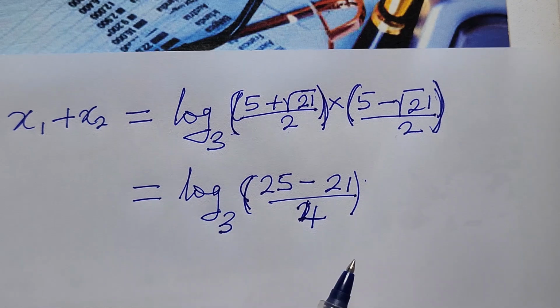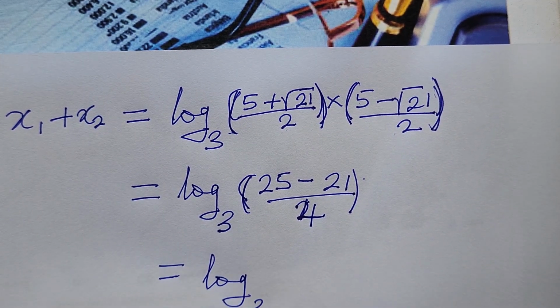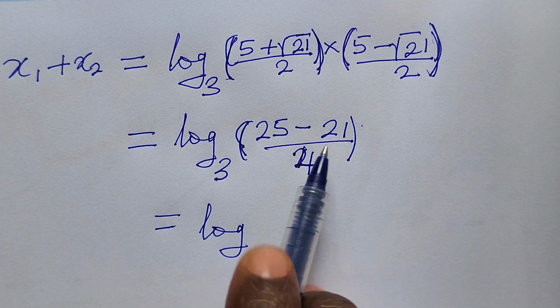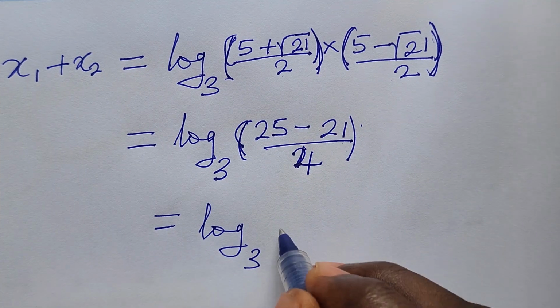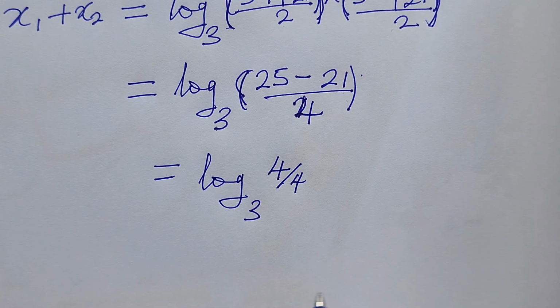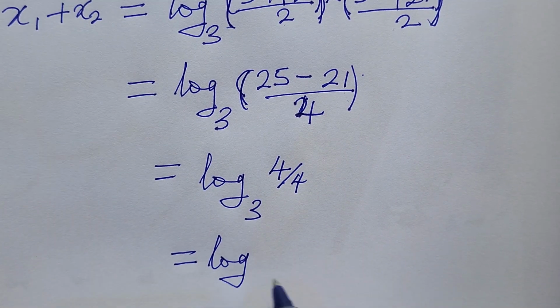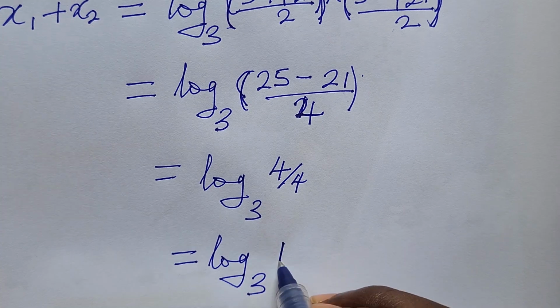Okay, so we can subtract this. If we subtract this from this, it will give us 4, so we're going to have 4 all over 4. And what is 4 all over 4? That is 1. So this is going to give us log base 3 to the power of 1.